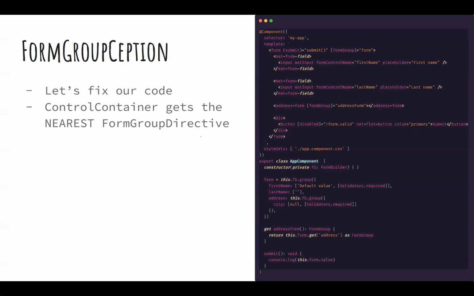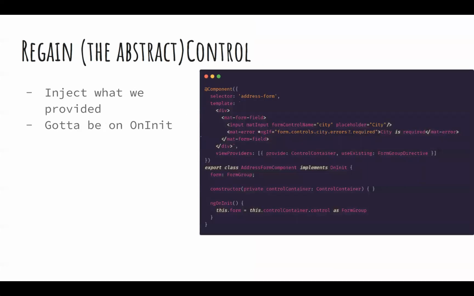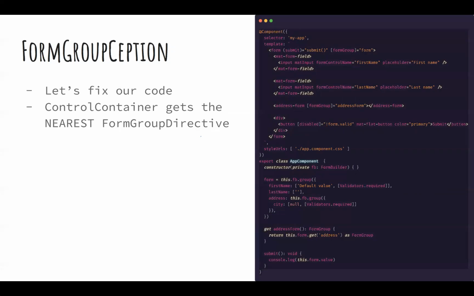We've done that here, as you can see. But the problem now is when we access that parent form group, it's going to say form controls city errors. So it's expecting that city control to be flat on the form group, and that's no longer true because we've nested it inside that address object. So what should we do here?